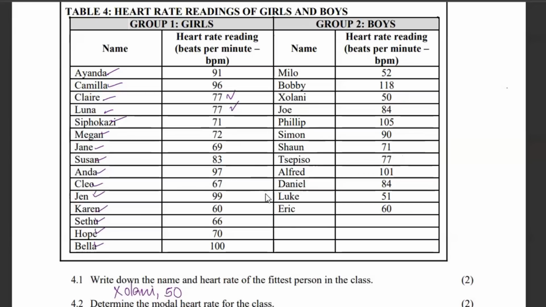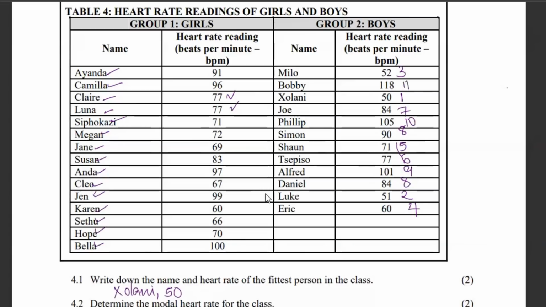So this is our number 1, number 2, 3, 4, 5, 6, 7, 8, 9, 10, and 11.